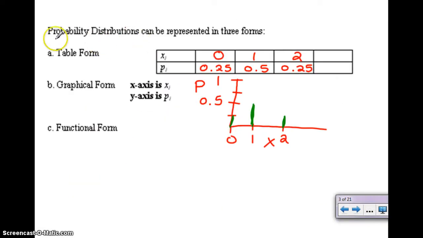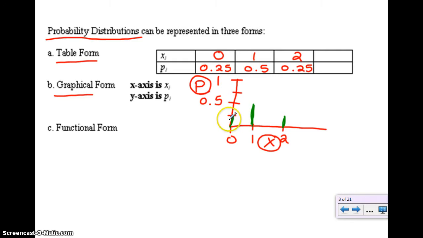You'll also notice sometimes that your probability distributions can be given to you in different representations. What we pretty much just did was almost like a table. We just listed our X expected outcome, 0 heads, 1 head, 2 heads, and the probability associated with each of those outcomes. So what we just did was basically a list or table form. You could also see it in a graphical form where your X value is always listed on the X-axis and your probability is always listed on the Y-axis.